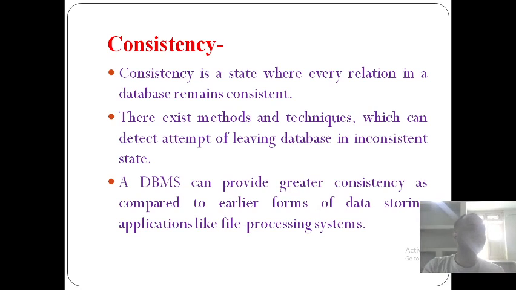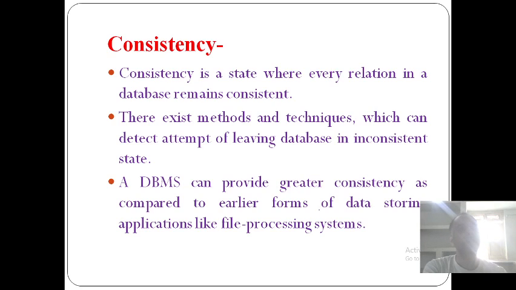If that department is missing, then how can you relate the department or a course with the student? So every relation must maintain that consistency. If you want to delete the department table, it will affect the student database.